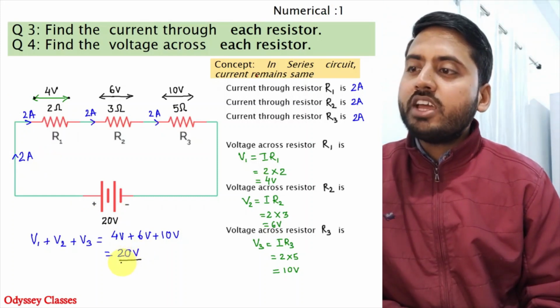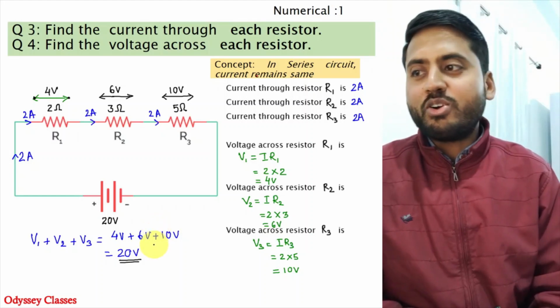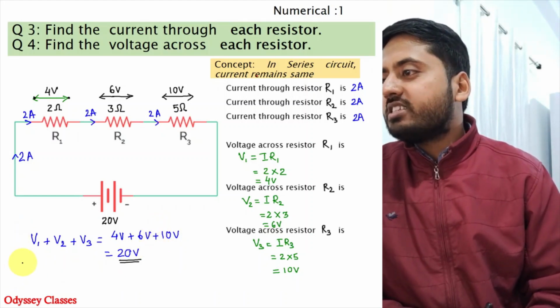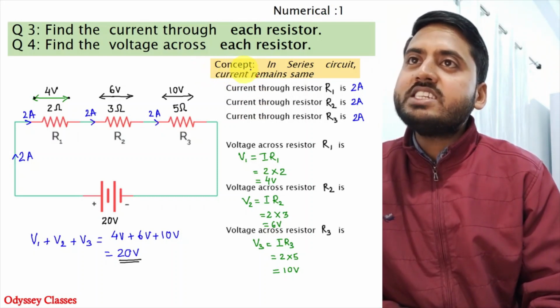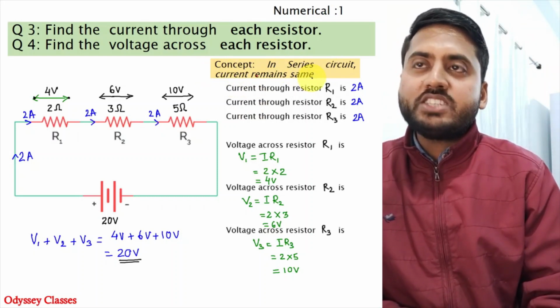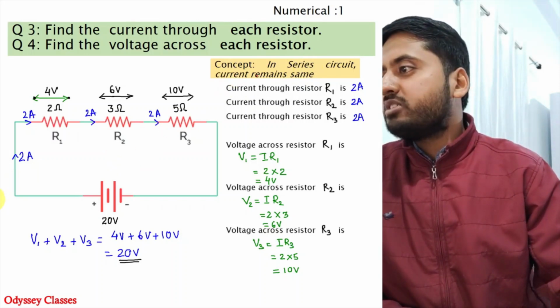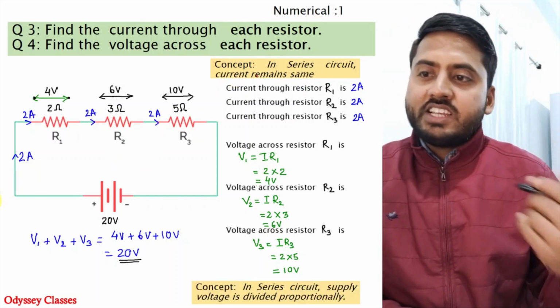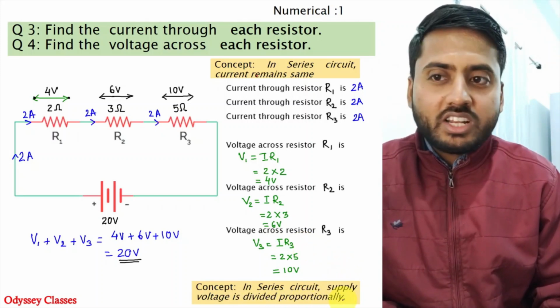So from here you can check whether your answers are coming right or wrong. So this is a very important concept in a series circuit. The first one we know already, in series circuit current remains same, and the second important concept we should always remember is that in series circuit the supply voltage gets divided proportionally.